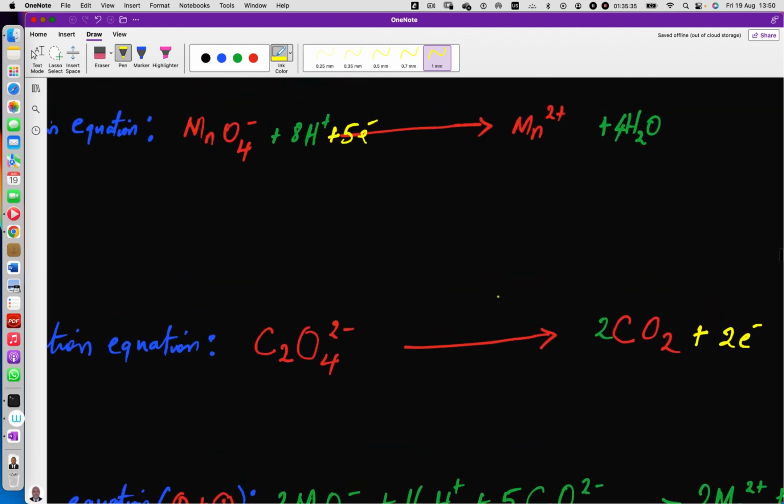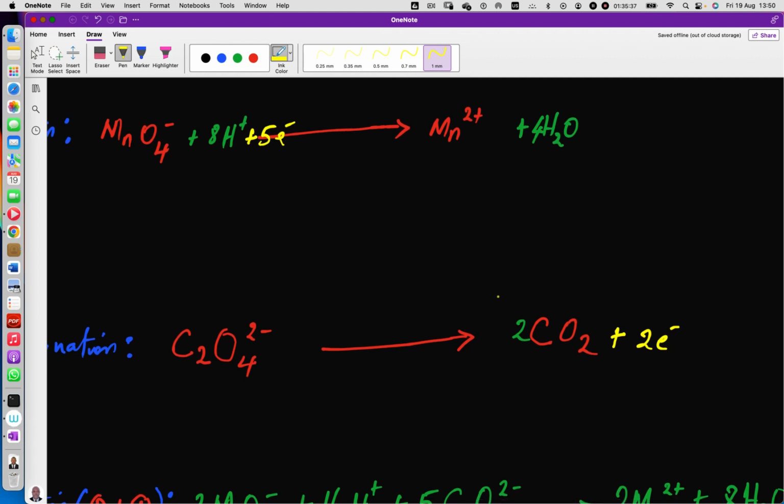Can we cancel out the electrons so that we can write our full equation? We have 5 electrons here, and 2 electrons in the oxidation equation. To cancel out the electrons, we need to multiply by a factor. Let's say this is equation 1. We multiply this times 2.